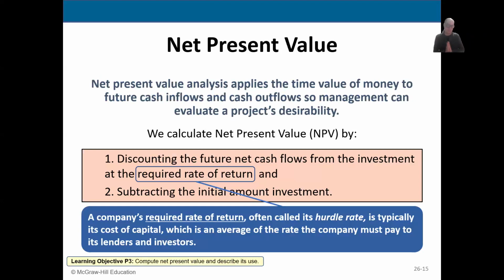Present value. We call this the time value of money because we look at the future cash inflows and outflows for a future project, like purchasing property, plant, and equipment.